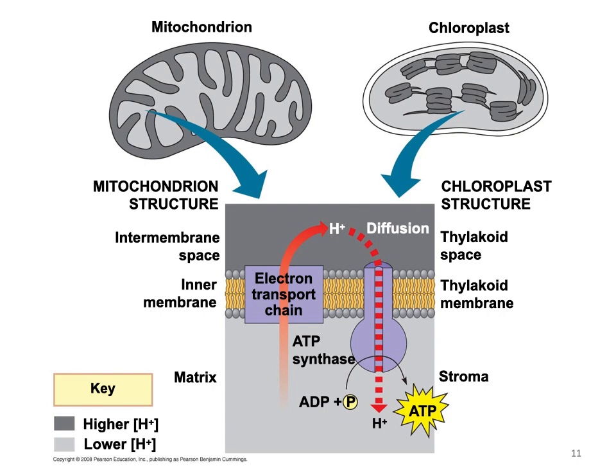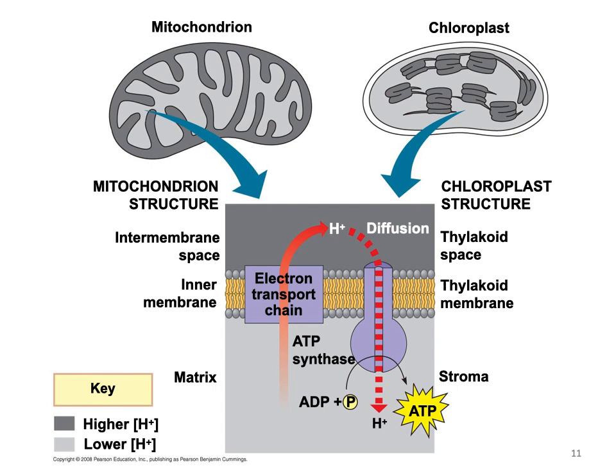This diagram here is another way to compare the chemiosmosis process in the mitochondria structure and the chloroplast structure. You can see here in the mitochondria structure, the intermembrane space has a higher concentration of H+ ions, which is the darker area. So H+ ions will move back to the matrix through ATP synthase.